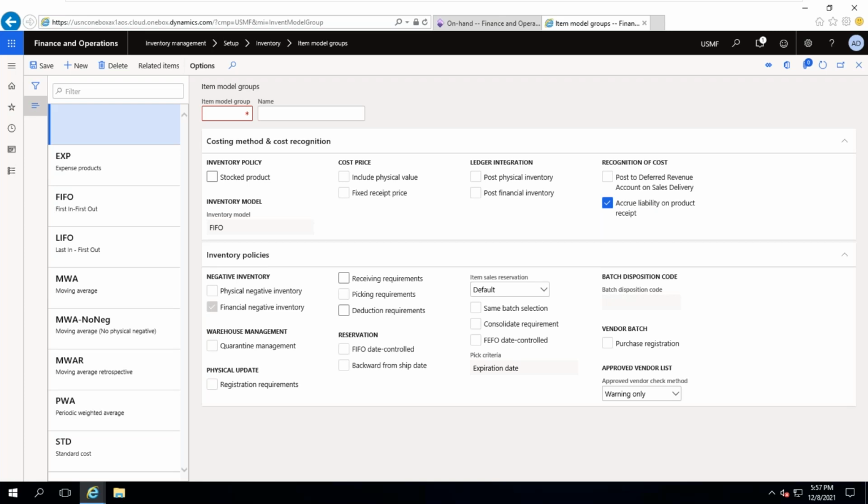Take the example, I will tell you one more example. Suppose I am purchasing calculators. I am not purchasing them for sales. It is not for trading. I want to use these calculators for my internal purpose, for my accountants.